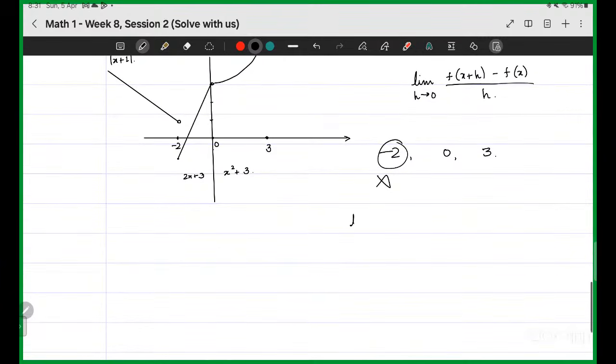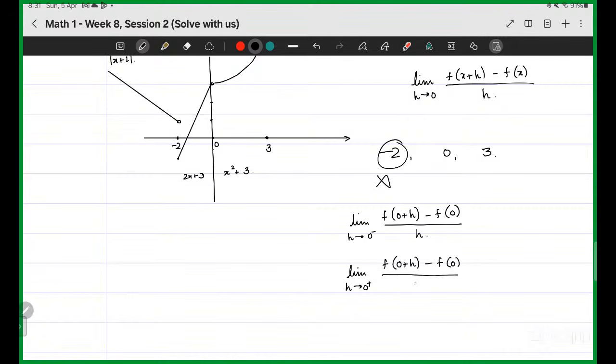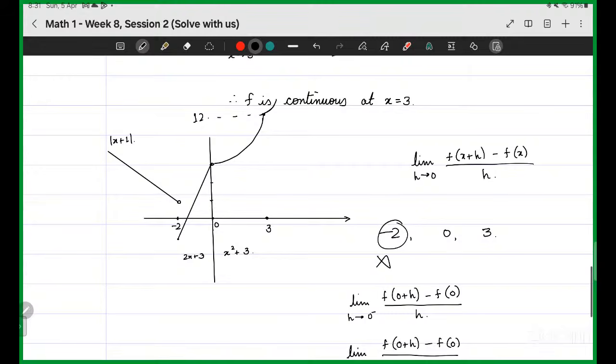So let me do limit as h goes to 0 minus and 0 plus of f of 0 plus h minus f of 0 over h. I'm checking differentiability at the point 0. So I'm approaching 0 from this side, and I'm approaching 0 from the other side. Now, in both cases, f of 0 is 3.